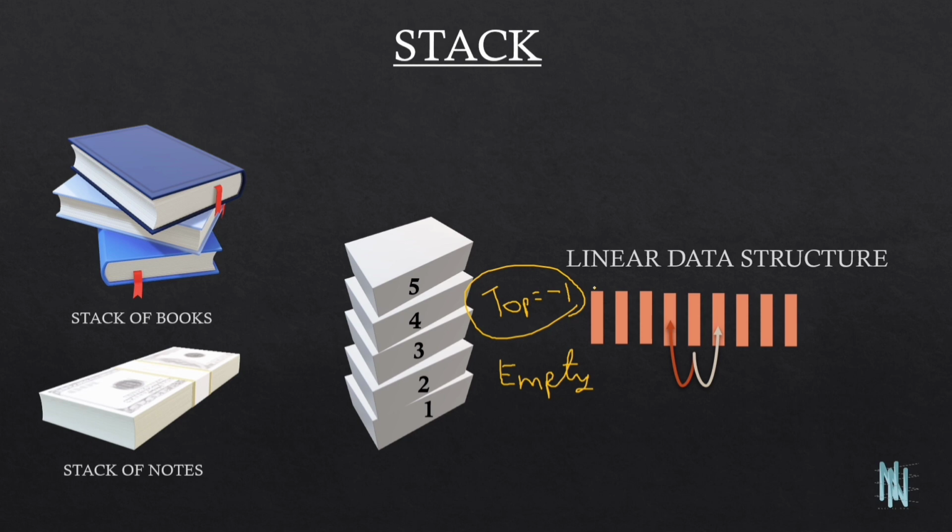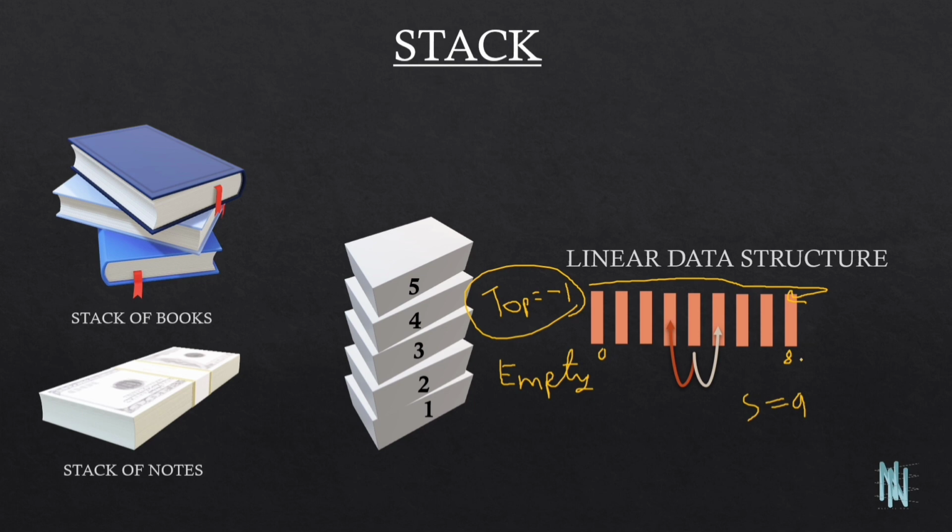Now, when the top comes here, let's say the size is 1 2 3 4 5 6 7 8 9. Size is 9. Since the array starts from 0, this index should be 8.